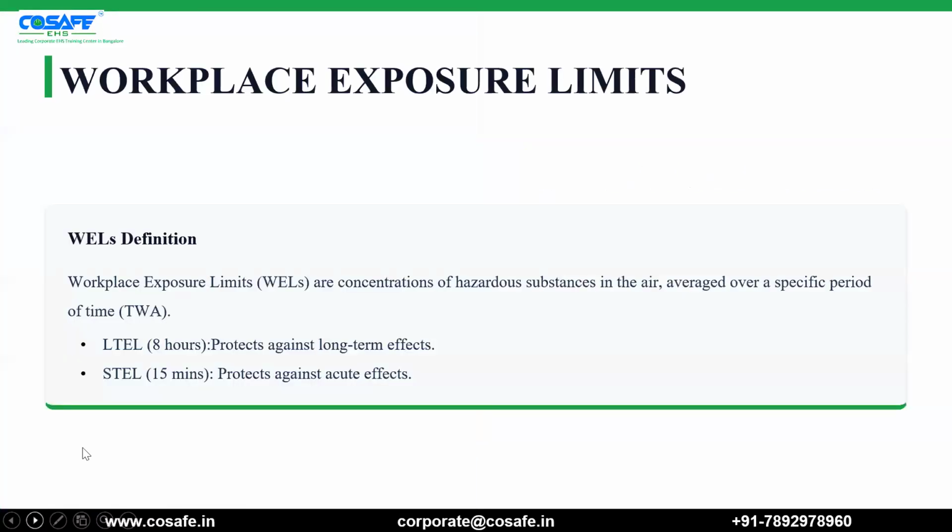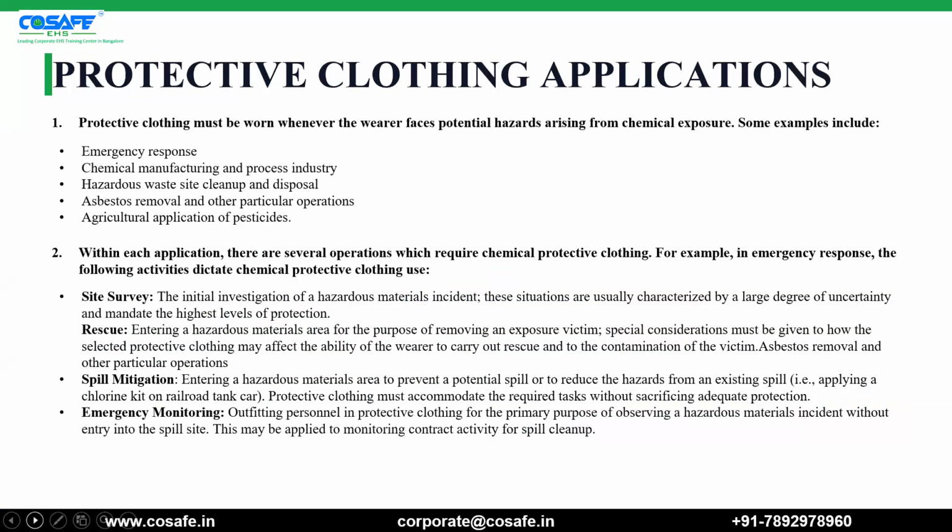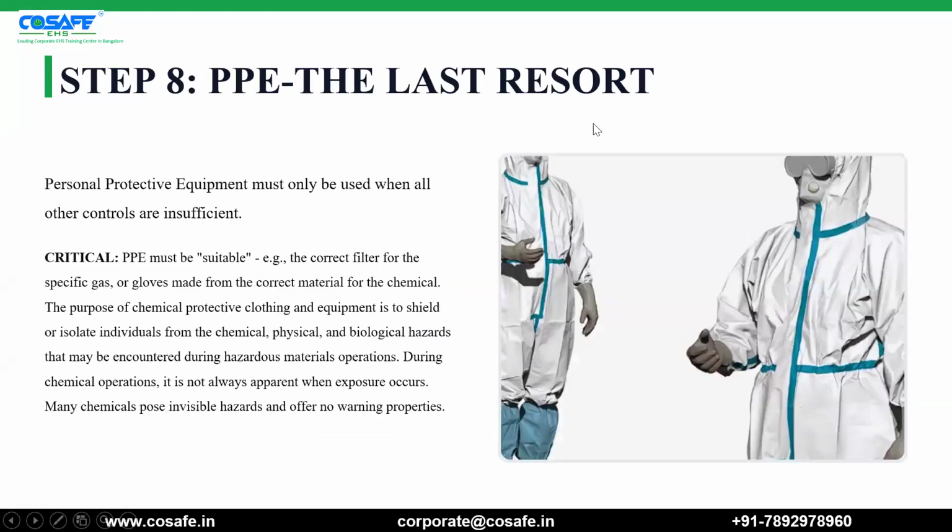Got it? Now let's go to workplace exposure limits. We have already completed this section, so we'll skip it. Then comes PPE, the last resort in the hierarchy of control, and in this eight-step control system, the last thing is PPE.